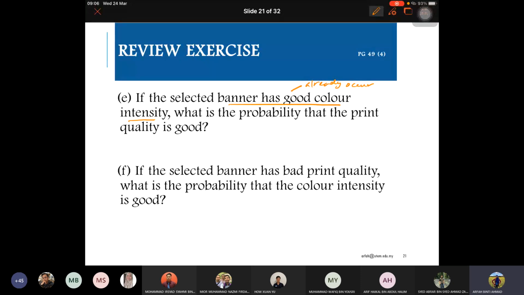So ianya adalah conditional event. So kalau kita nak tulis kebarangkalian good quality given that dianya ada good color intensity. Okay. That is probability of Y given X. So kita dah kira tadi dia sama dengan 0.863. Okay. Itu untuk E.